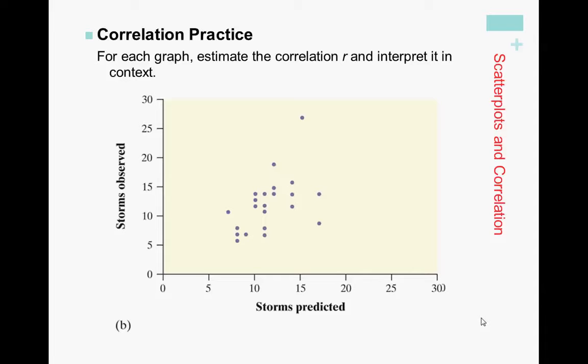If you're anywhere in that ballpark of maybe 0.2 to 0.5, you're probably close enough to a good guess. But we'd say there's a somewhat weak linear relationship between the number of storms that are predicted and the number of storms observed. But it does seem overall, as the number of storms predicted increases, the number of storms observed also increases.